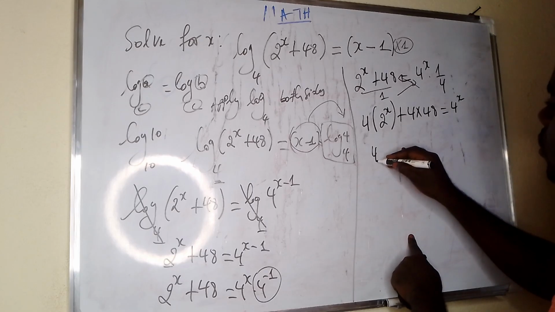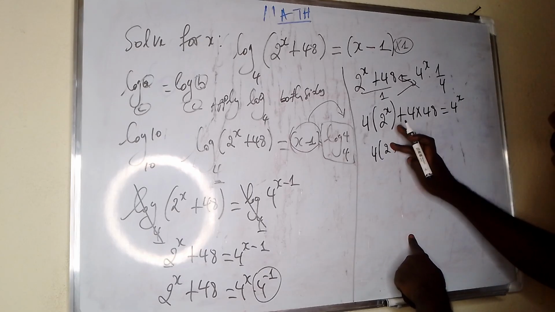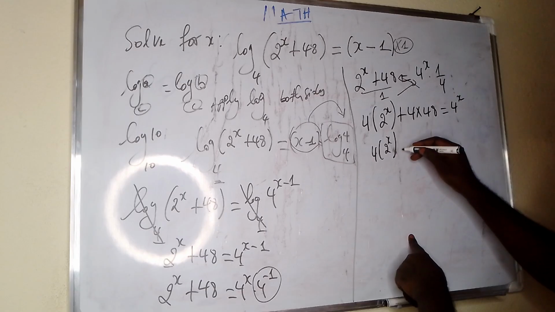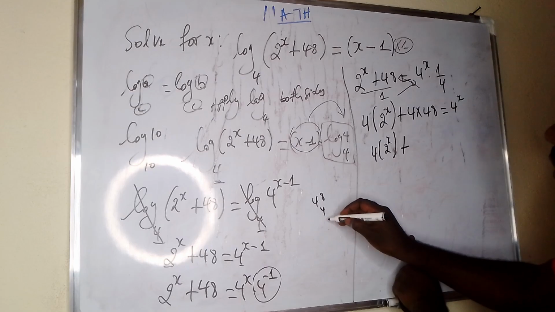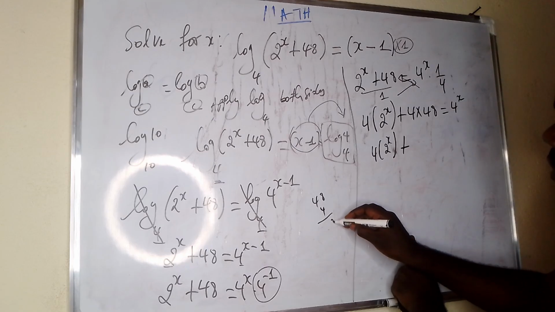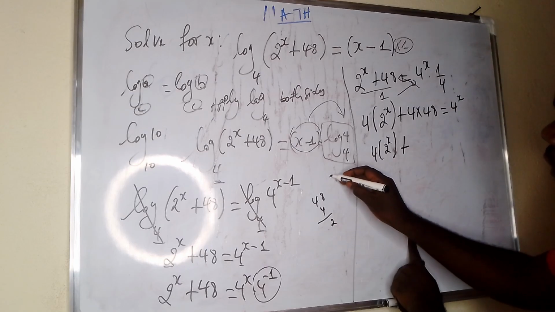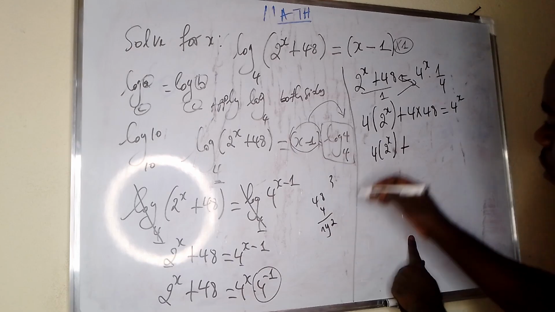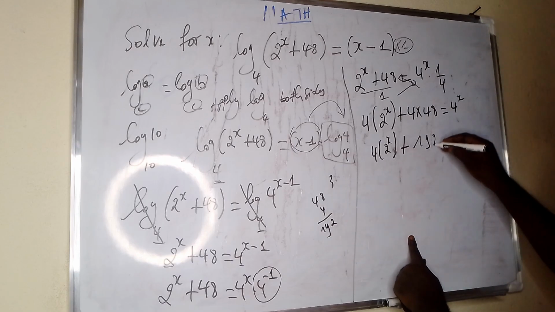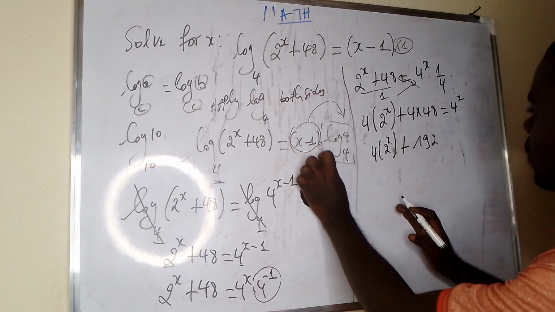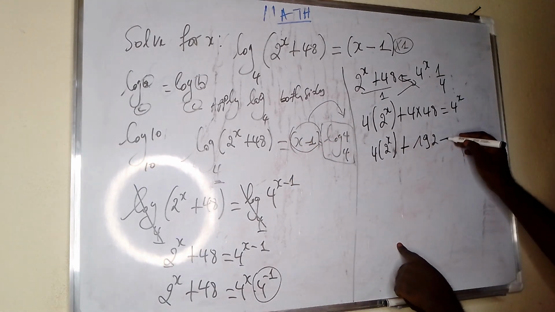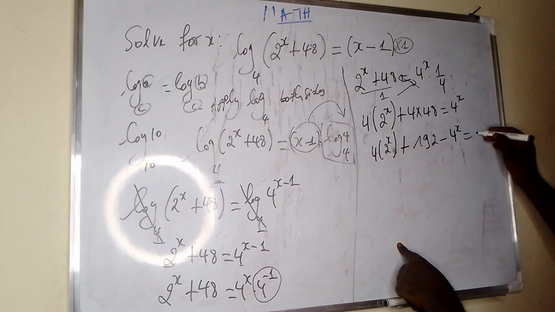Automatically, this is 4 to power x, which is plus 4 times 48, 48 times 4, it is 192. So this is its value, then we subtract with 4 power x, which is equal to 0.